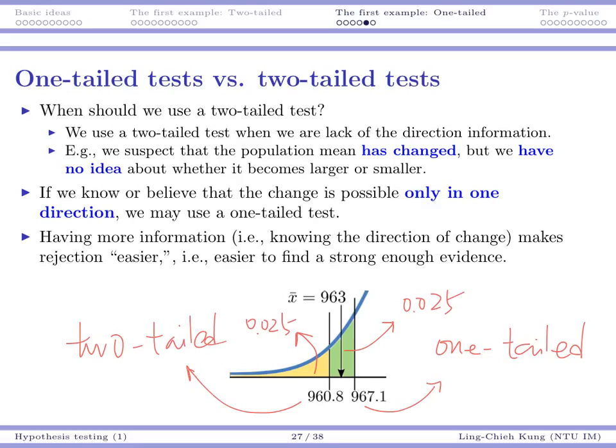Without that information, we are more conservative and we need stronger evidence to conclude that the process is wrong. So that's why with our 963, it's significant in a one-tailed test, but insignificant for a two-tailed test.